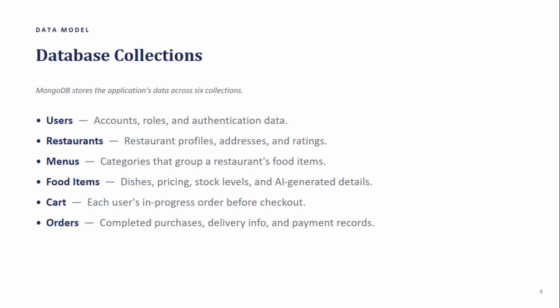For backend development, Node and Express were used, and JWT was used for authentication, Bcrypt for password hashing, Mongoose for MongoDB operations. As mentioned earlier, external services like MongoDB Atlas, Stripe Checkout, Cloudinary, and Grok AI were also used. MongoDB stores the application's data across 6 collections: users, restaurants, menus, food items, cart, and orders.